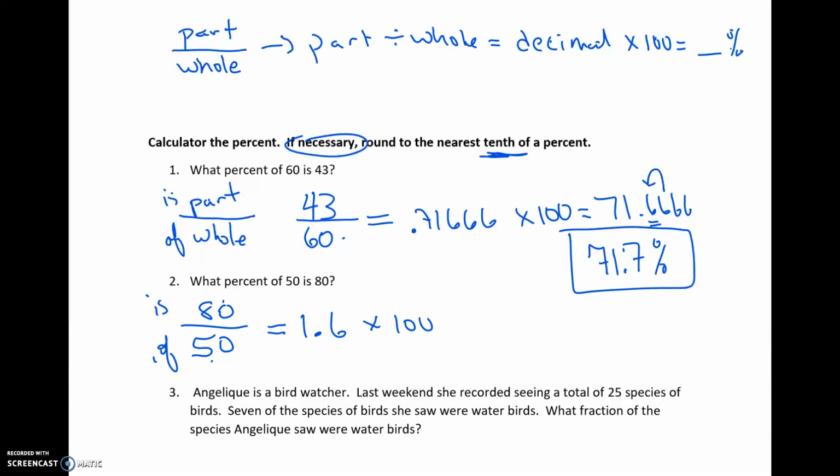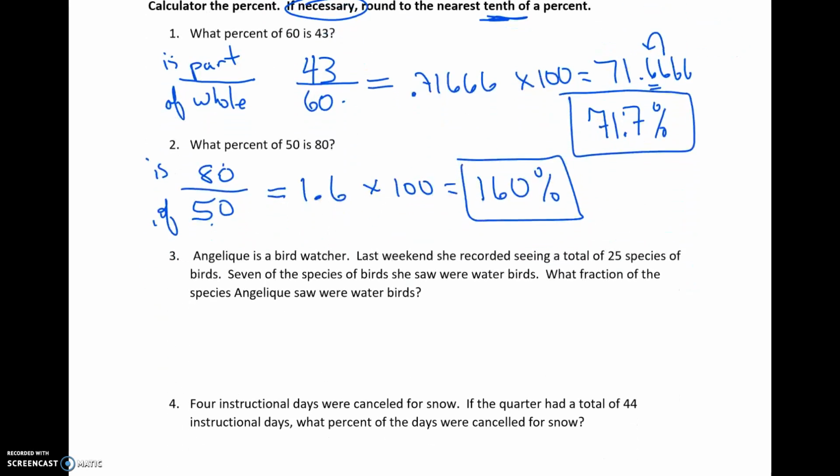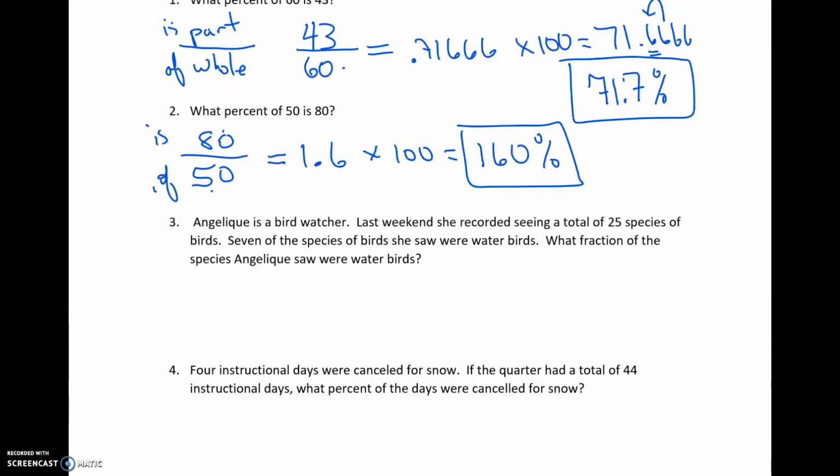I multiply that by 100. And I end up with 160%. So that's the exception, really, where we have the larger number on top and we get a percentage that is greater than 100. So let's look at a couple applications like this.